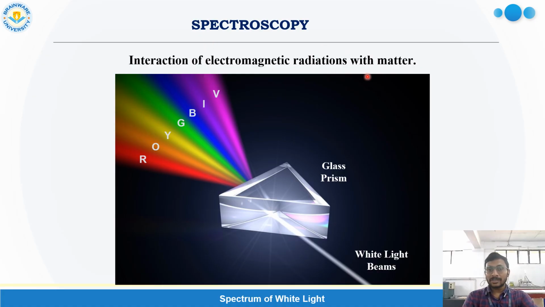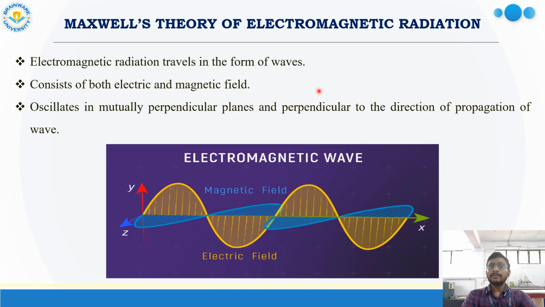To understand spectroscopy, we'll have to understand electromagnetic radiation or light separately, and matter. So first we'll go into electromagnetic radiation.